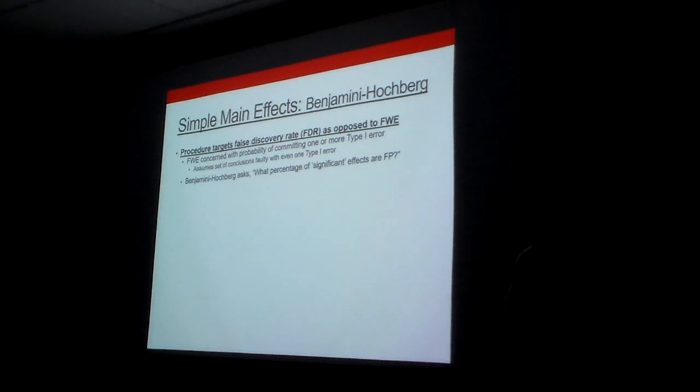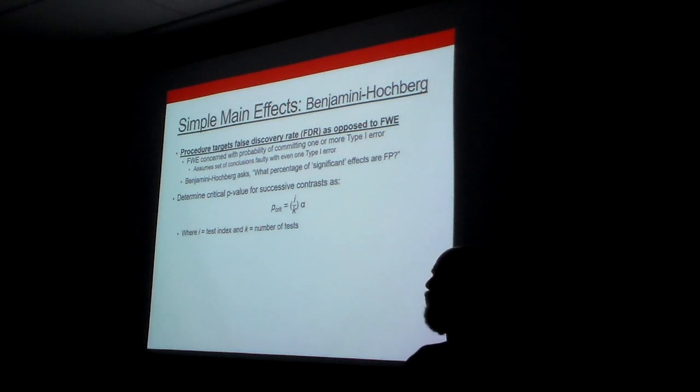Benjamini-Hochberg is asking what percentage of my significant effects are false positives, right? So I've gone through and found a number of significant effects. How many of these are likely to be false positives? So it's taking a slightly different approach. What Benjamini-Hochberg does is, let's say I've got 9 comparisons.